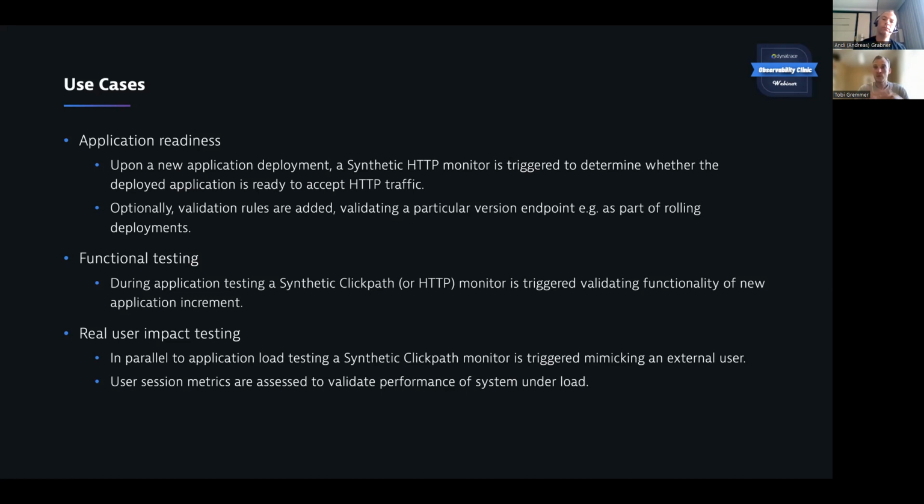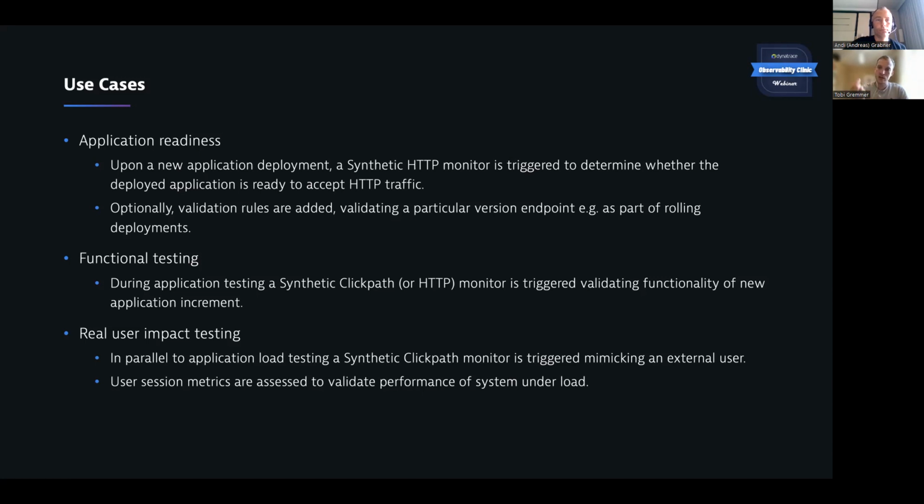We can just blindly trigger our first test. It might fail, not because of performance or feature or code related issues, but just because of the application not being ready. So as part of a pre or very early check, we could use a synthetic monitor testing that very endpoint, a new endpoint that has been created for that artifact.